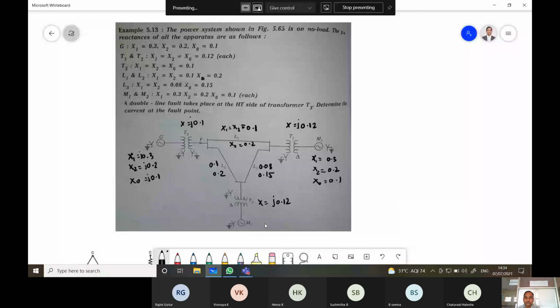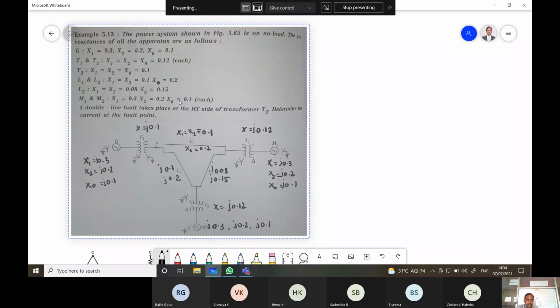For motor 2 is also same, j0.3, j0.2, j0.1. So now we need to draw positive sequence network for this. So I will write the positive sequence network.